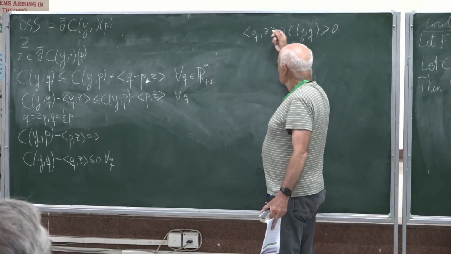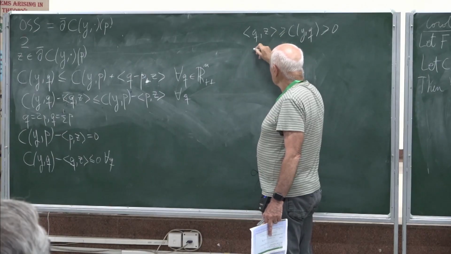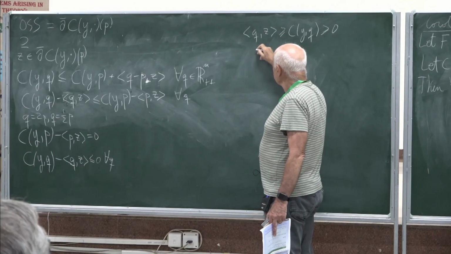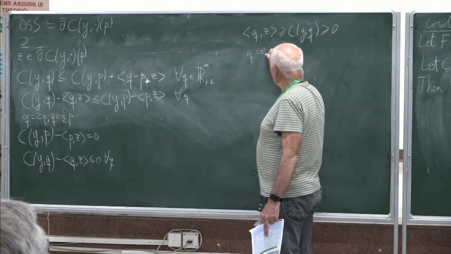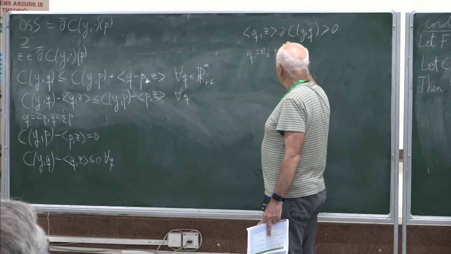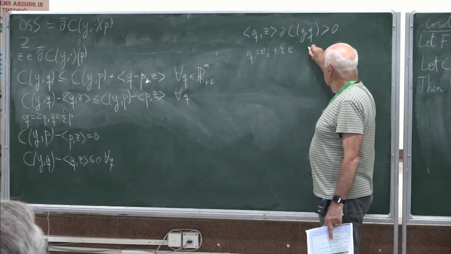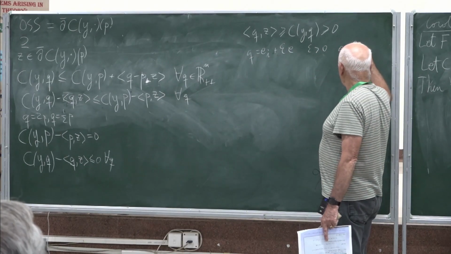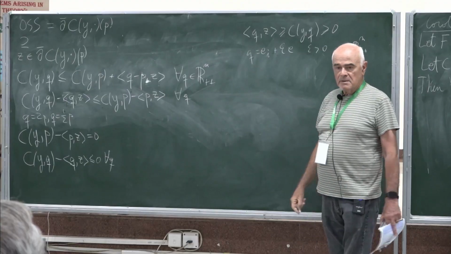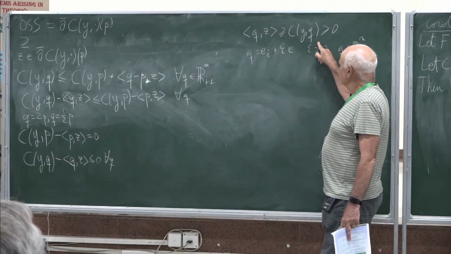Now, if I take q equal to e_i plus epsilon times e, for epsilon positive, then q is in R plus plus n, and so it satisfies this inequality.